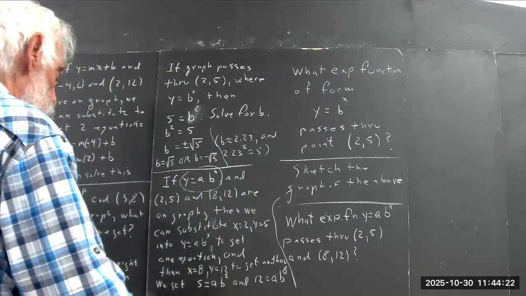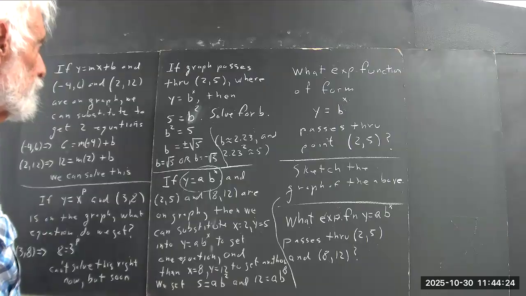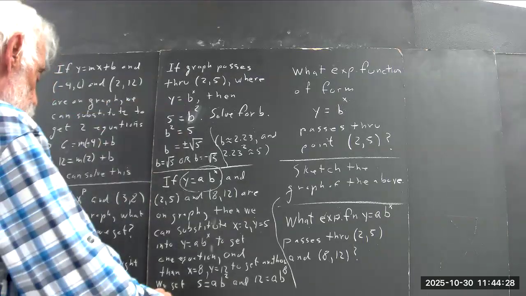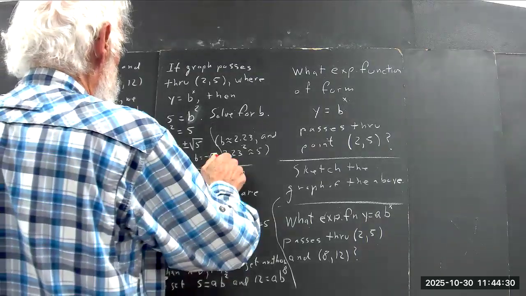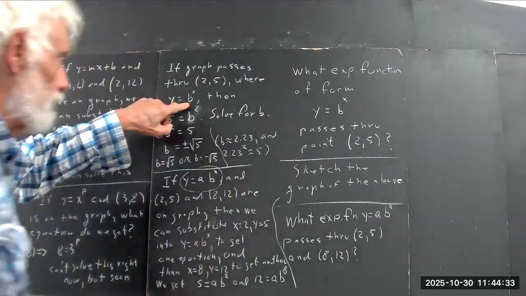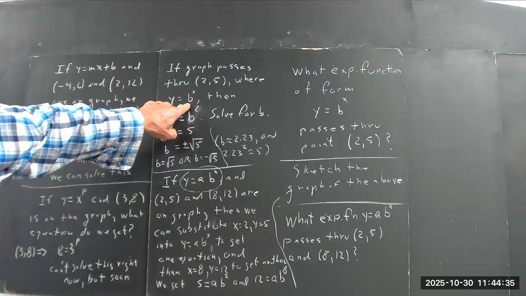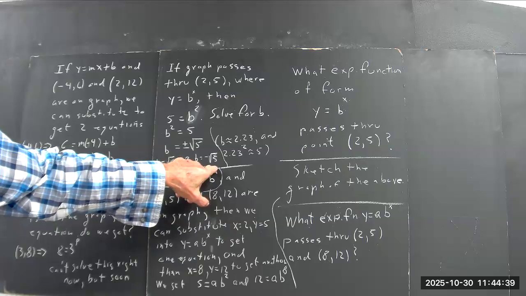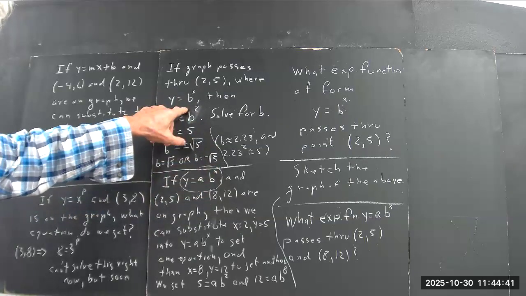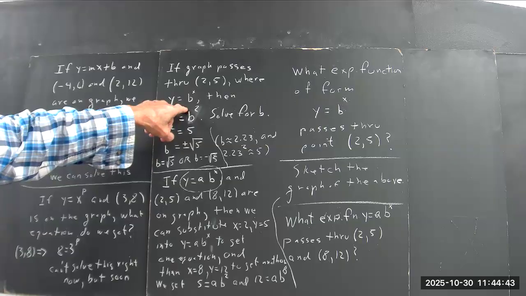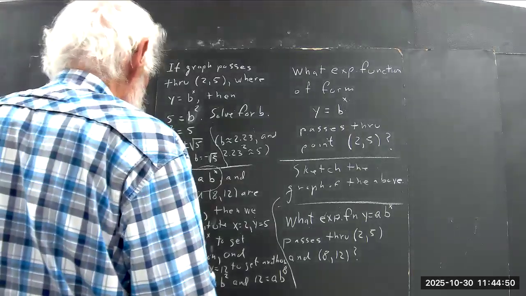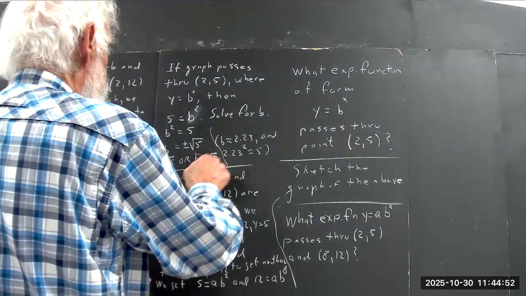Now, the other thing we do is we go back to our original equation, and as it turns out, you can't have a negative value of B. Even though the equation gives us the negative value of B as one of the solutions, it doesn't work up here, okay? B has to be greater than 0. So we reject this because B has to be greater than 0.